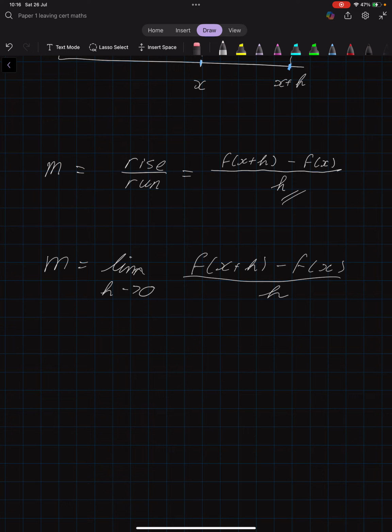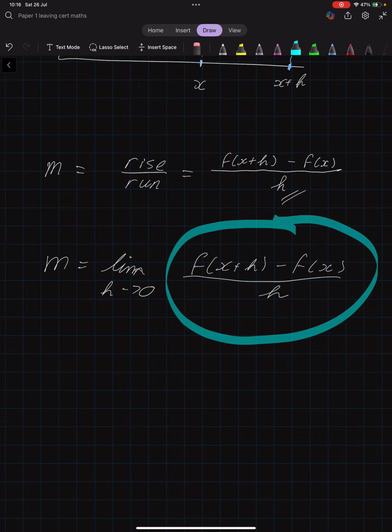Okay? So in the limit as h goes to 0, what this is saying is, what does this thing look like as h gets really, really, really small? So if you plug in h equals 1, you might get some number. If you plug in h equals 0.1, you might get a different number, 0.001, 0.0001, and so on.